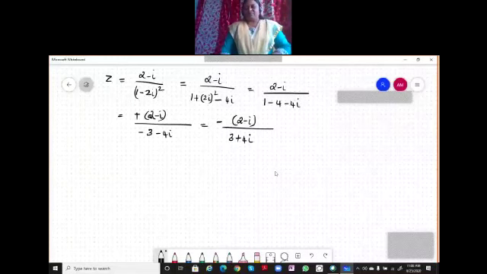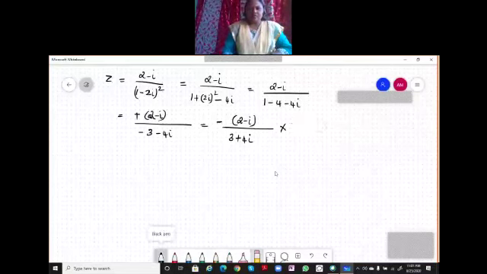Is it clear? Okay. So we should not keep i in the denominator. So what we have to do is multiply and divide with the complex conjugate. What is the complex conjugate of the denominator? 3 minus 4i.